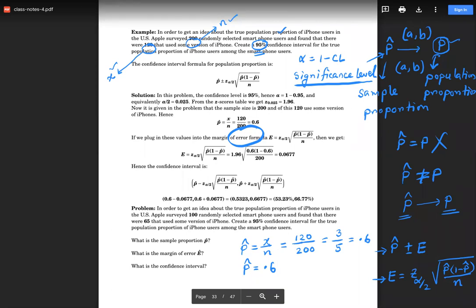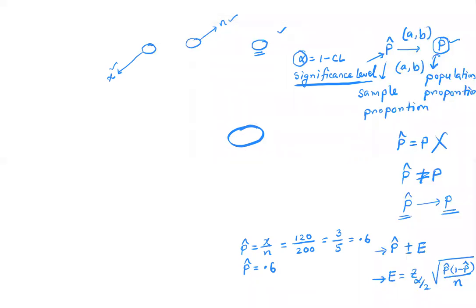So significance level is 1 minus the confidence level, and it is denoted by alpha. So alpha is 1 minus 95%, that is, alpha is equal to 1 minus 0.95, which is 0.05.